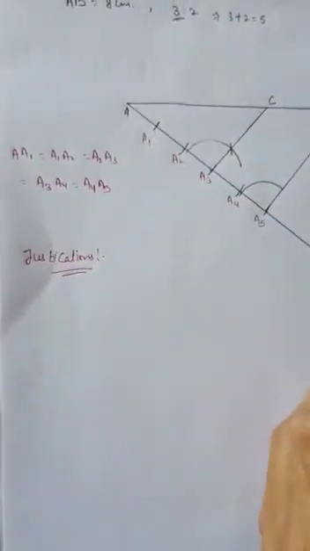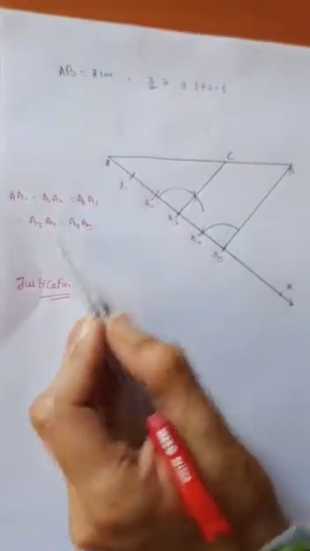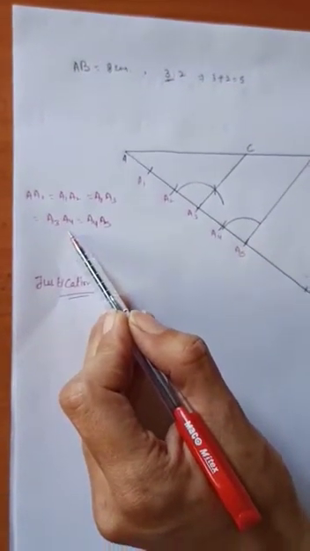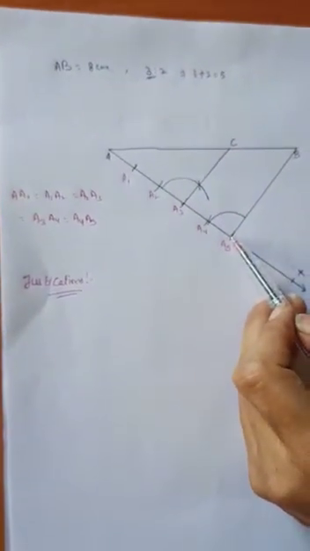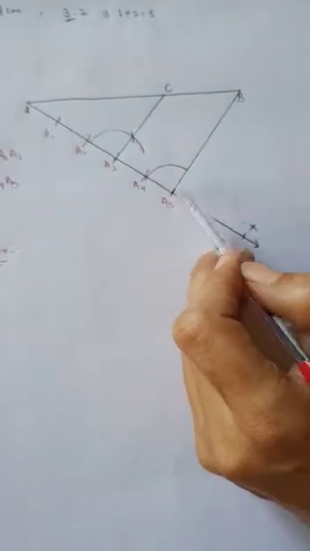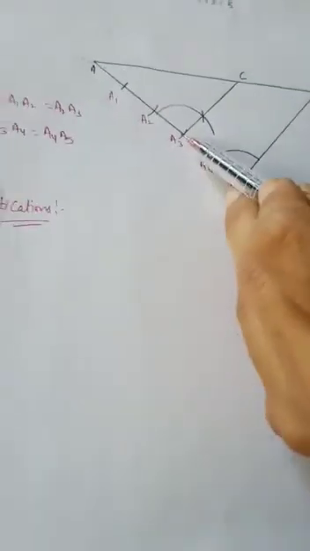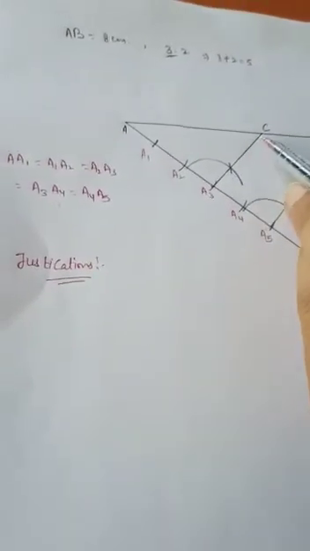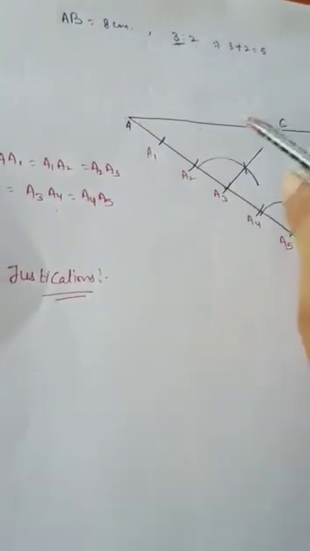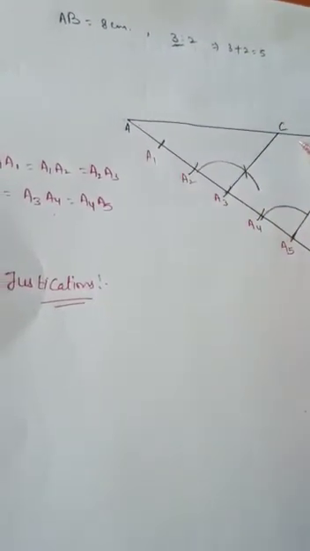Then AX is divided into 5 equal parts, that is the third step of the construction. With the help of the compass and pencil, we draw A5B parallel to A3C. These two lines are parallel. Then that point C divides AB into the given ratio, that is 3:2.